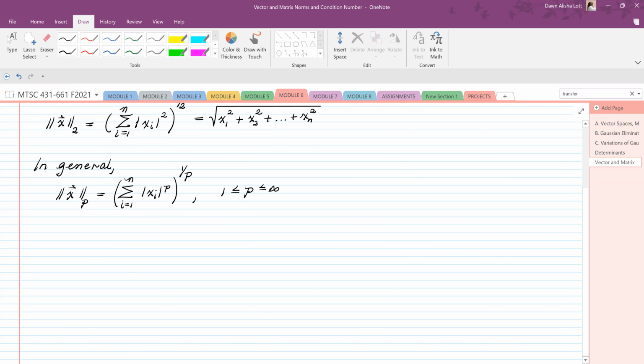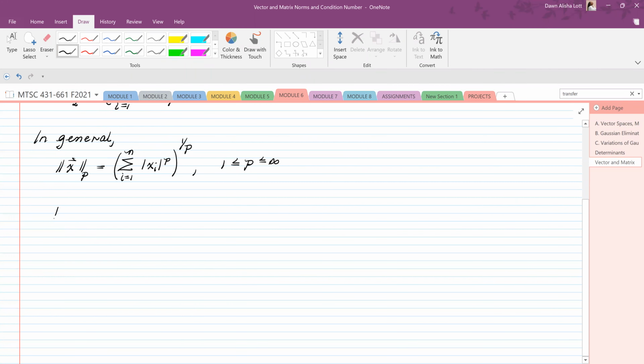So the infinity norm and the 1 norm are as follows. The 1 norm just basically says sum them all up: sum up the absolute values of all the xi's. And the infinity norm says take the max over i from 1 up to n of the absolute value of xi.